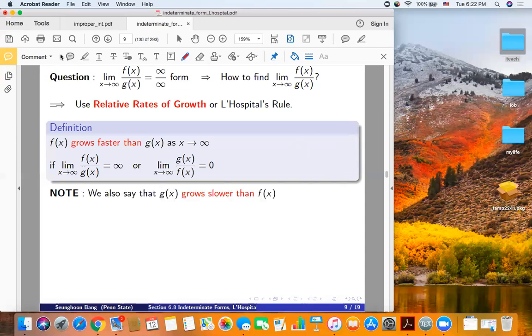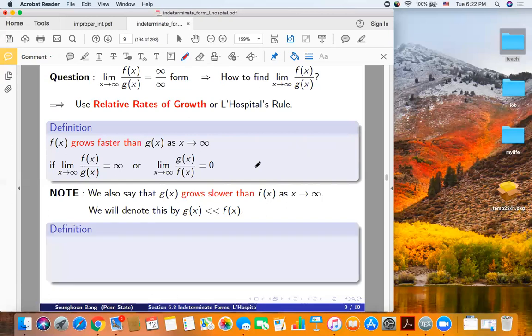We also say that g of x grows slower than f of x as x approaches positive infinity. This is the definition, and we can use this notation.